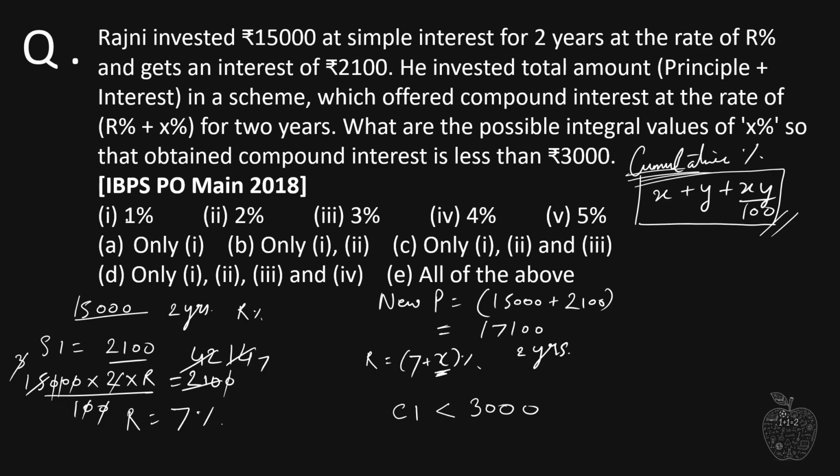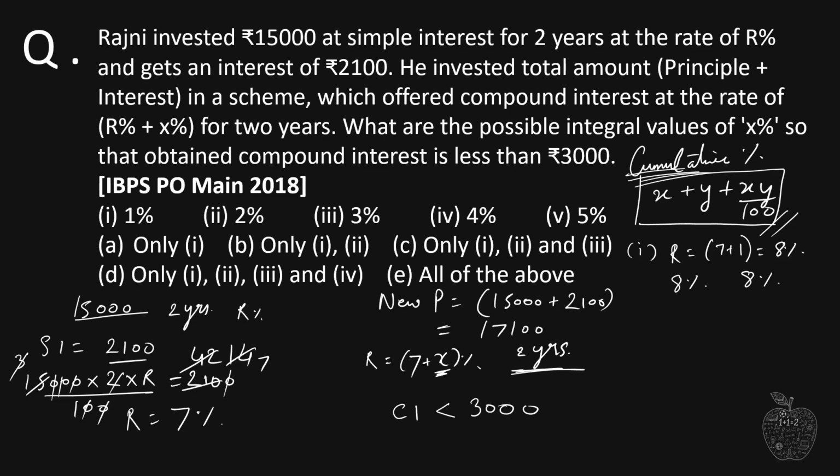So let's first take 1%. Option 1, let's take the value of X as 1%. So R is 7 plus 1, which is 8%. Now the time period is 2 years, so he gets 8% for the first year and 8% in the second year.